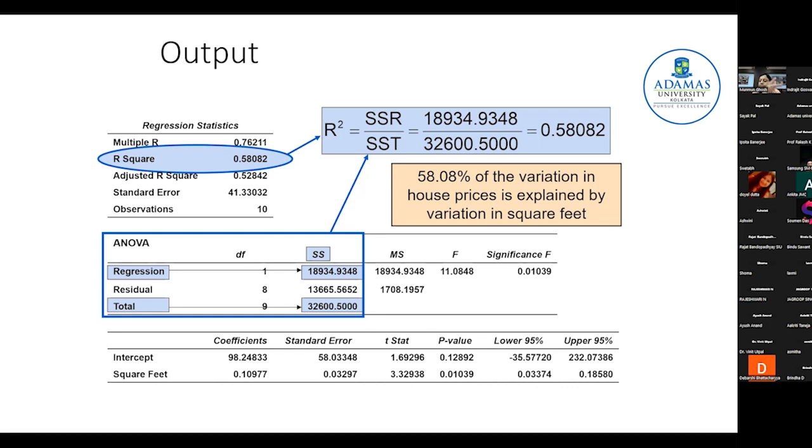How much impact size has created on the price of the house is told by the R square value. So here I can easily say that 58% of the impact on the price of the house is caused by the size of the house. But there is still 42% which is unaccounted for.